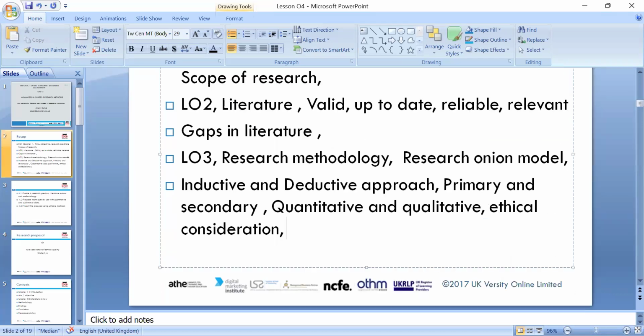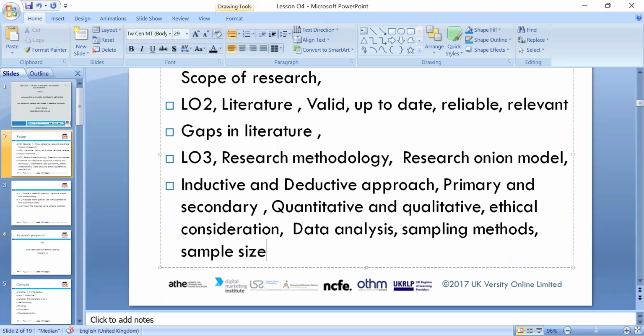We also covered data analysis methods, sampling methods, and sample size, which you can justify, and the questionnaire used to conduct the research. That's all under the methodologies.